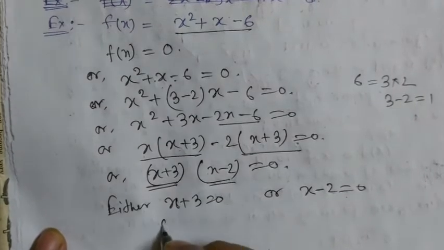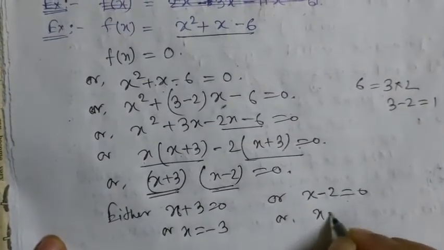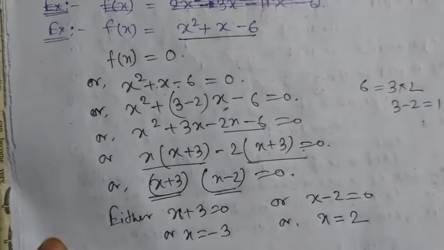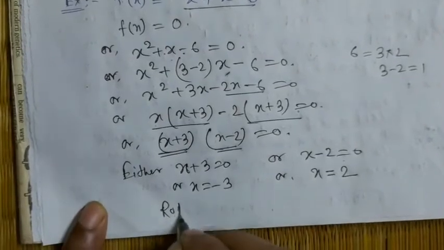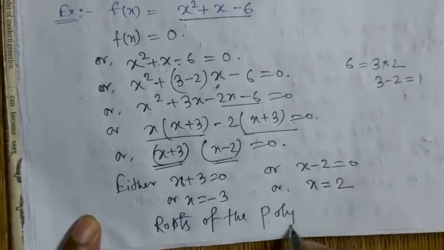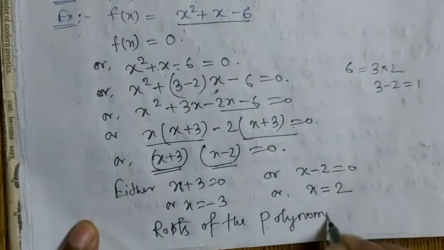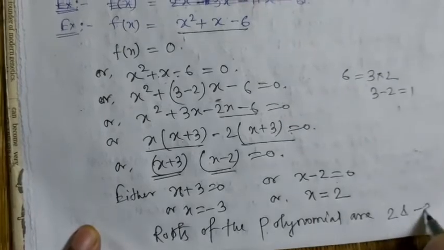If x plus 3 equal to 0, then x is minus 3, or if x minus 2 equal to 0, then x equal to 2. So the roots of the polynomial are 2 and minus 3.